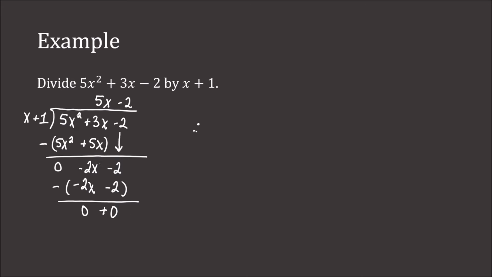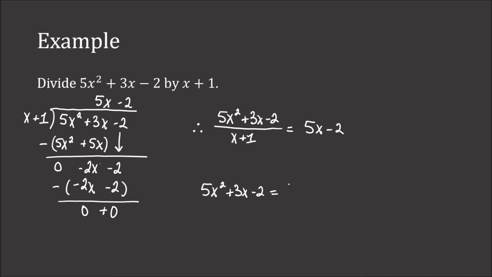So therefore, 5x squared plus 3x minus 2 over x plus 1 is equal to 5x minus 2. Or we could write it as 5x squared plus 3x minus 2 is equal to x plus 1 times 5x minus 2.